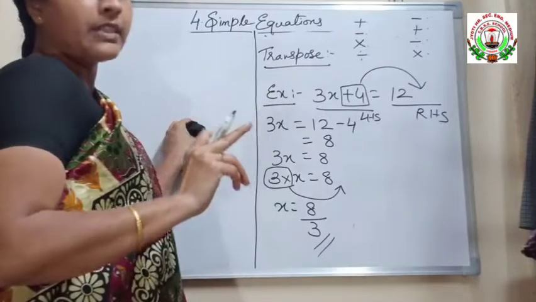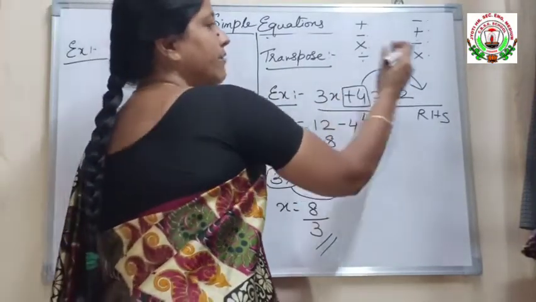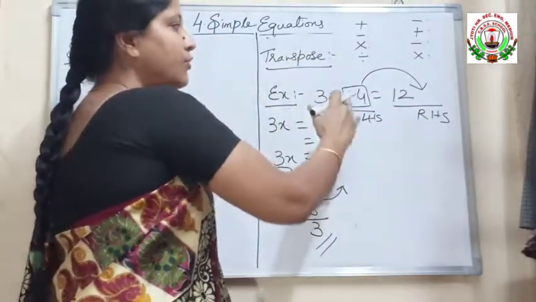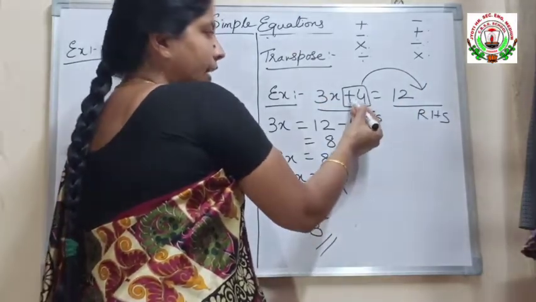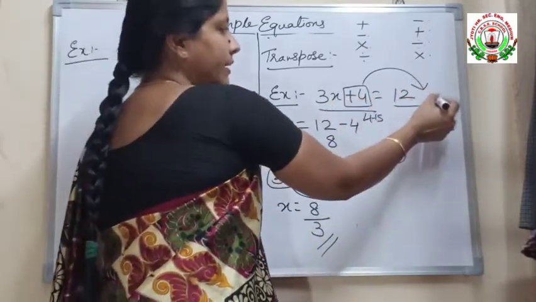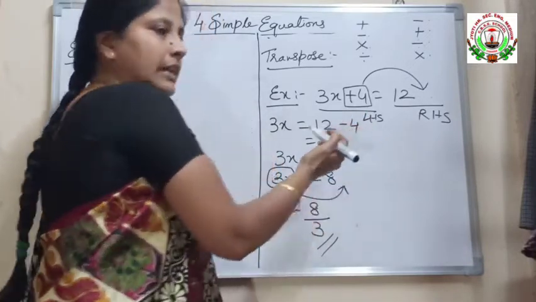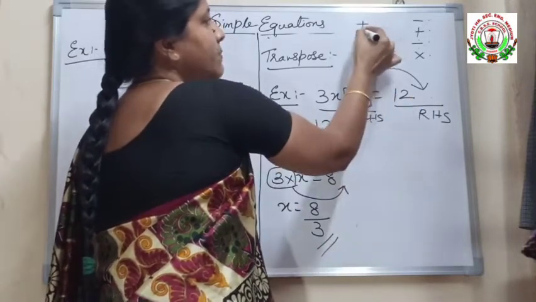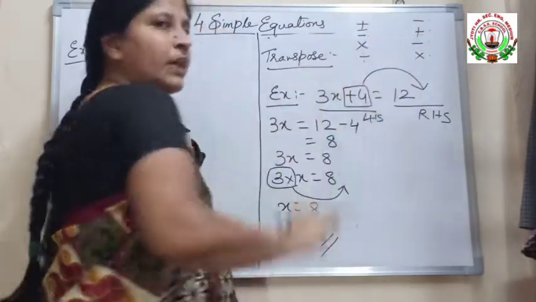Transpose means transfer only. The constants on the LHS, along with the sign, move from the left hand side to the right hand side. The number will be the same, but only the sign changes: plus to minus, minus to plus, multiplication to divide, and divide to multiply.